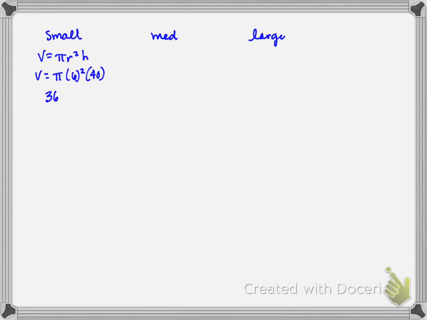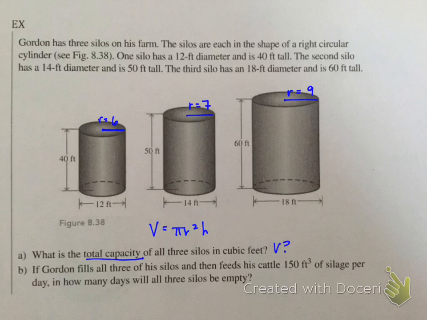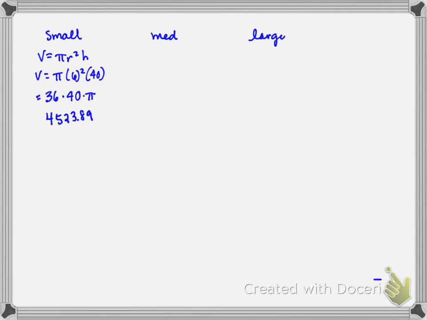I know 6 squared is 36, so I'm going to take 36 times 40 times pi and stick that in my calculator. When I do that, I get 4,523.89. And remember, we're in feet cubed, or cubic feet. So that's the first one.